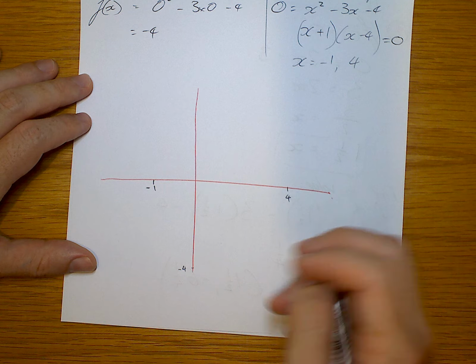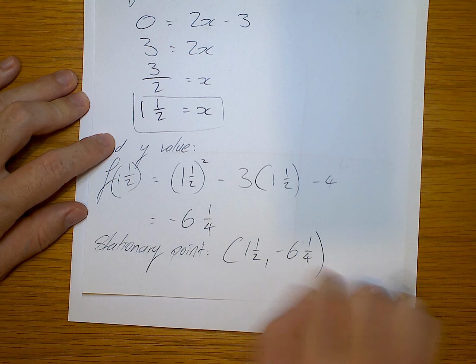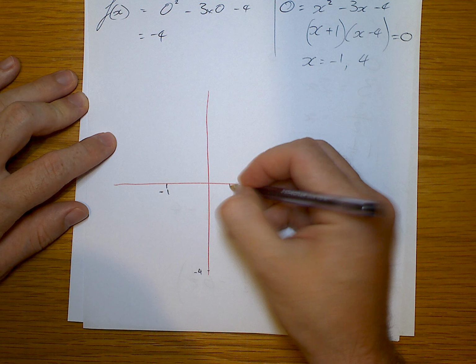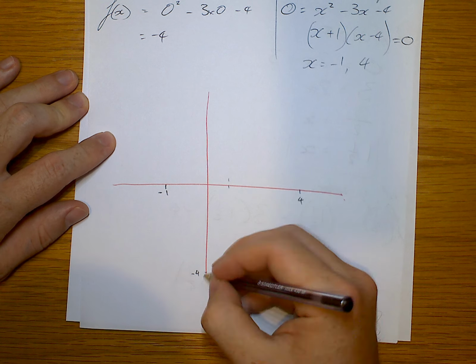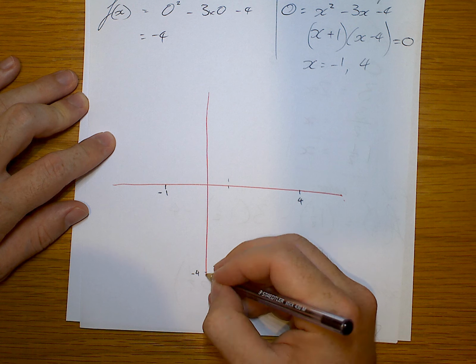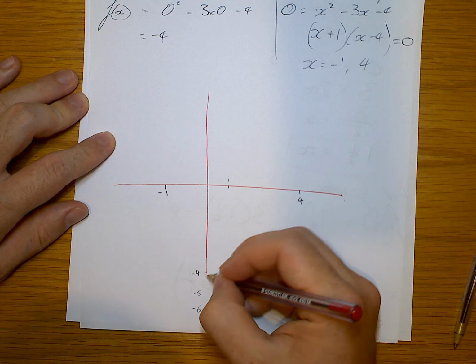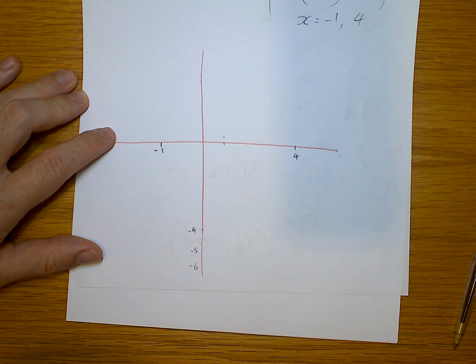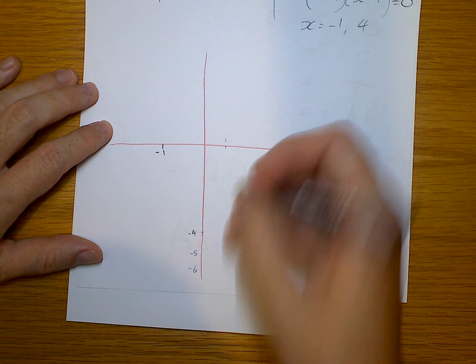And my stationary point was 1 and 1/2 and minus 6 and 1/4. Okay, so let's say it's 4, let's say it's 1, so 1.5, it's going to be about here. And if that's 4, minus 6, that's 5, minus 6. Okay, just acknowledging that this is a little bit dodgy. So, slightly bad example.